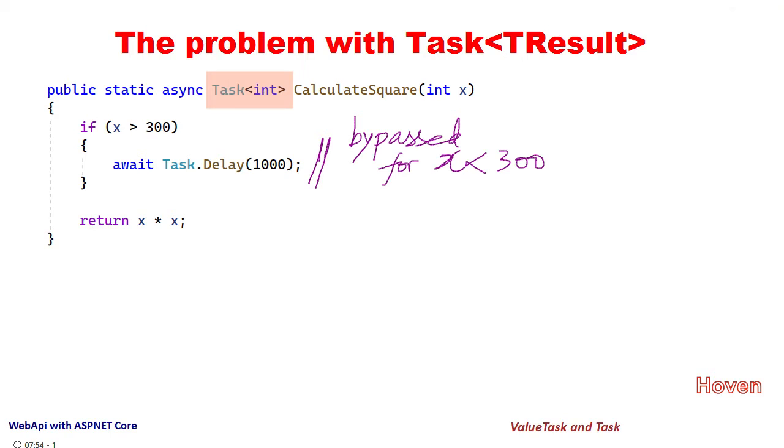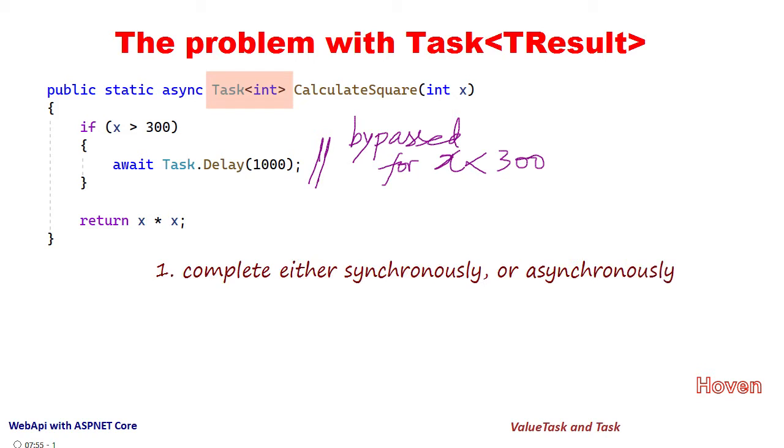So, before we come to the solution of this problem, we can agree on three main points. Firstly, an async function that returns a task can complete either synchronously or asynchronously depending on the conditions of execution, and possibly depending also on the state of the underlying hardware.